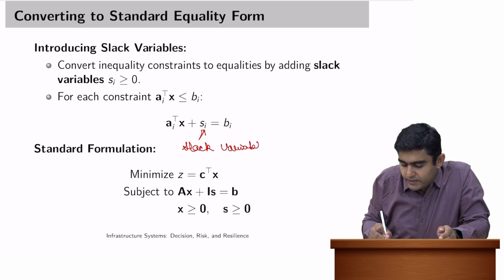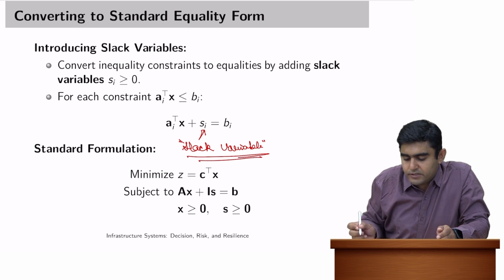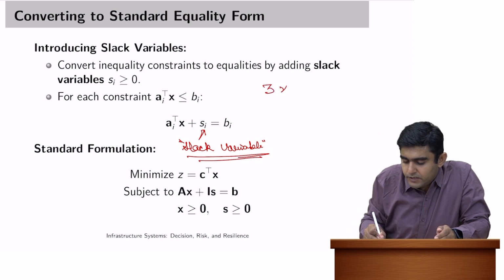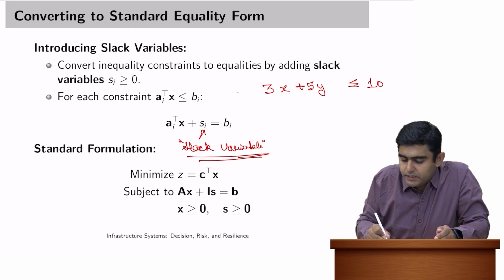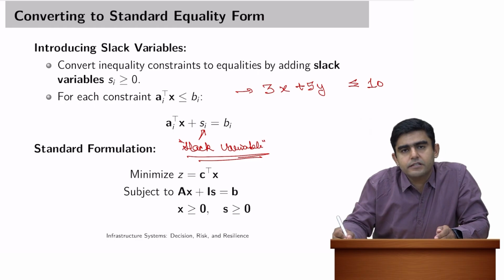Just to give a very simple explanation, let us say I have the equation 3x + 5y ≤ 10. Now, if you ask me, can you convert this less than or equal to constraint to an equality constraint? I can say, yes, certainly I can do that.